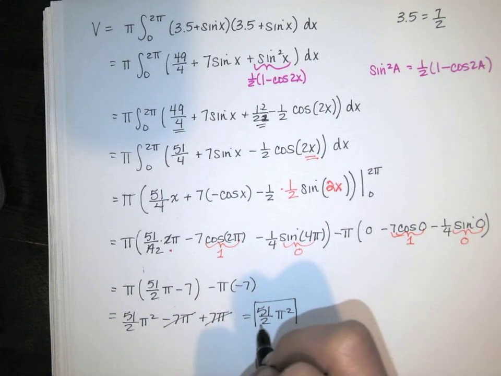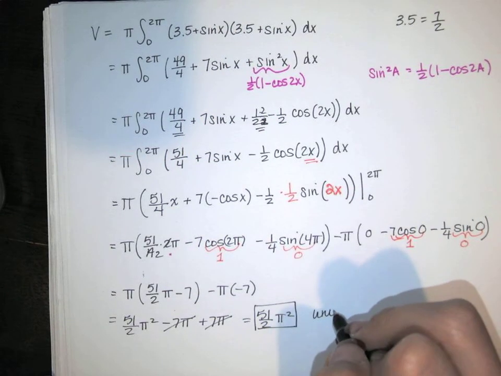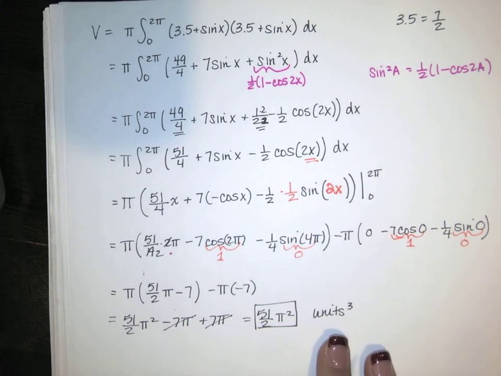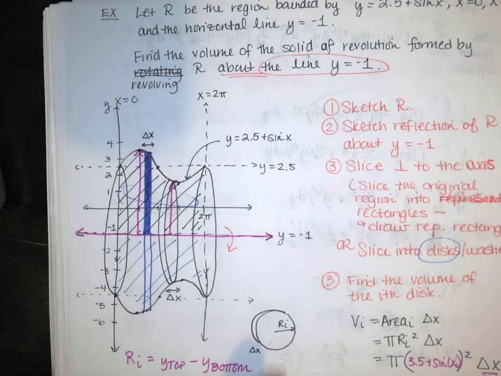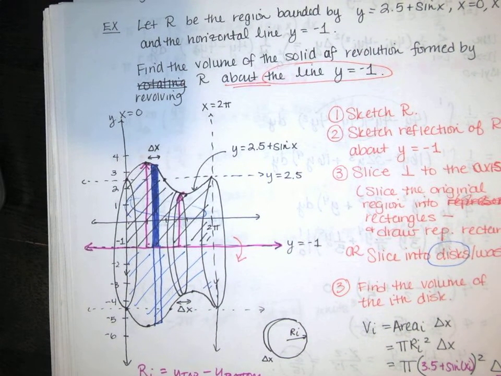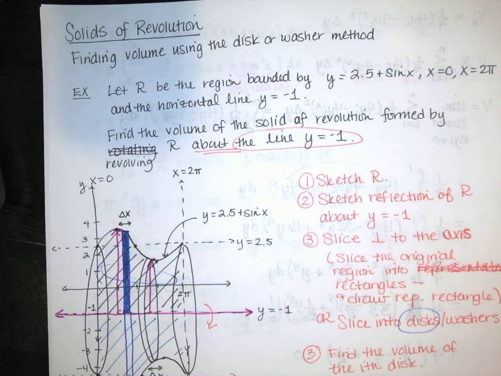What was that again? It's volume. This is units cubed. And what was that again? It's the volume of this vase-looking thing that we just came up with. Okay, so that's finding a volume using the disc or washer method.